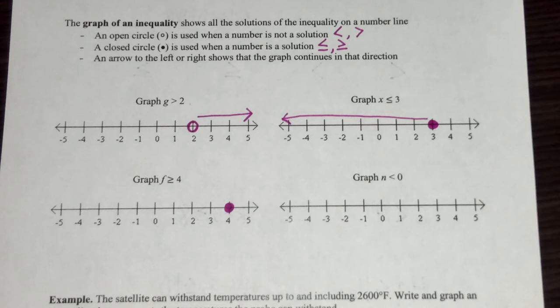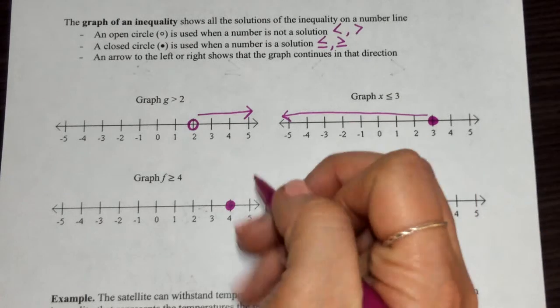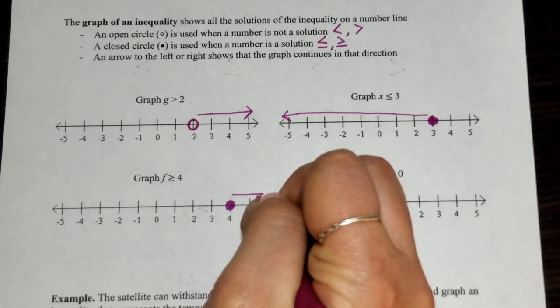Why do you say left? So if we're finding the solution of f, and f is greater than or equal to 4, which way is it going to go? It would go to the right, because f has to be greater than or equal to 4.